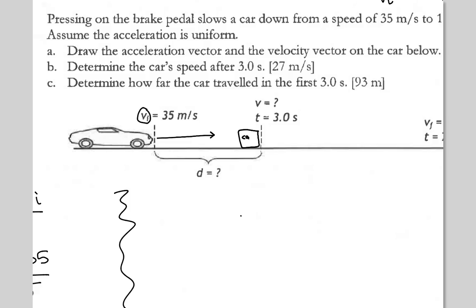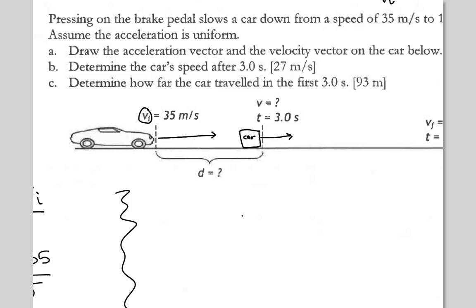Same car, just in a different moment of time, 3 seconds later. Your speed has gone down, right? So the magnitude has decreased, so your arrow, still pointing in the same direction, will be just smaller. And there is your VF.